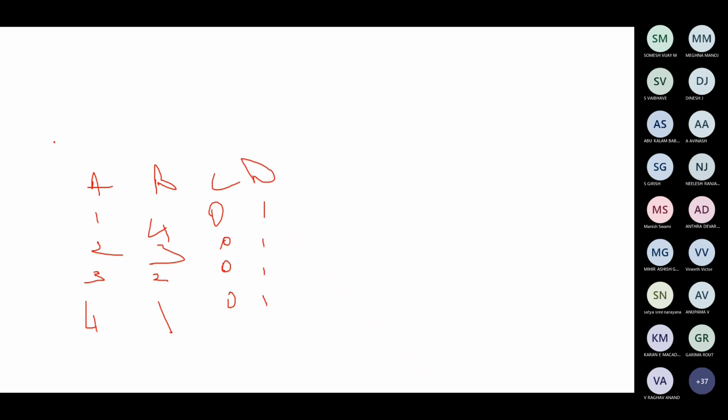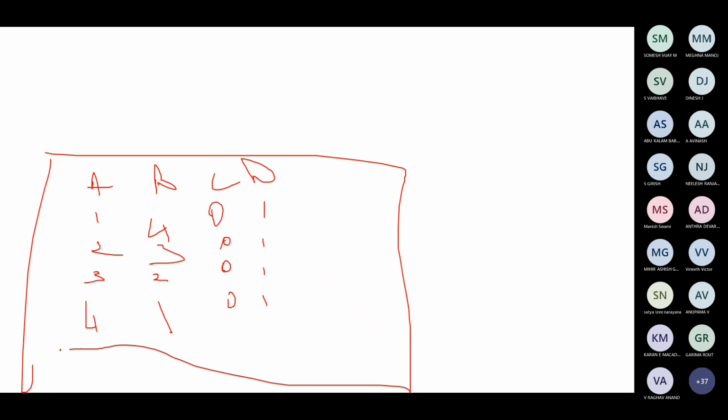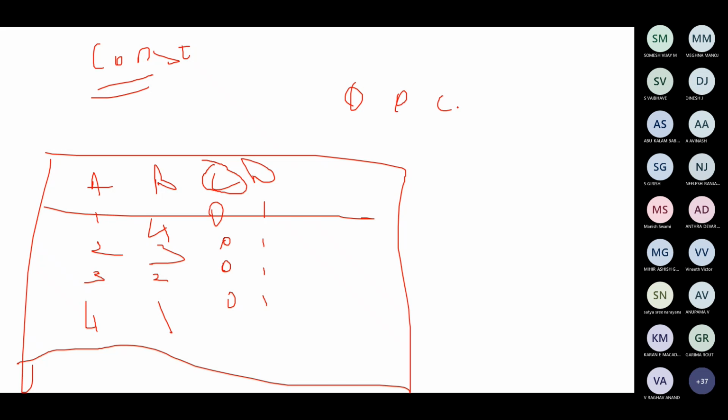Now, given a data set like this, how do you drop the constant features? If you see feature attribute C, everything is 0. It is a constant variable with constant values. For feature attribute D, everything is 1.